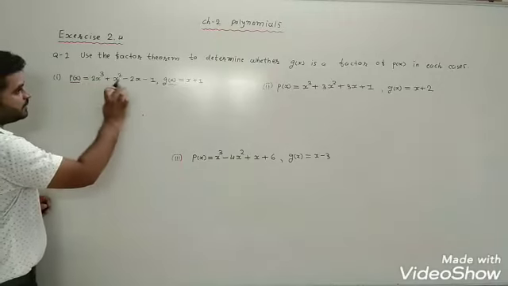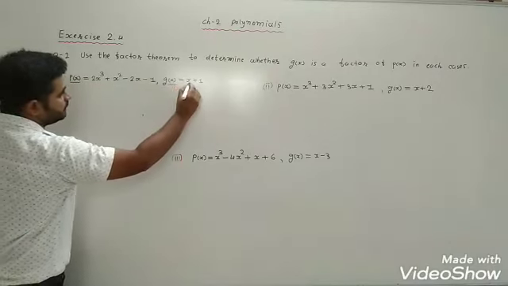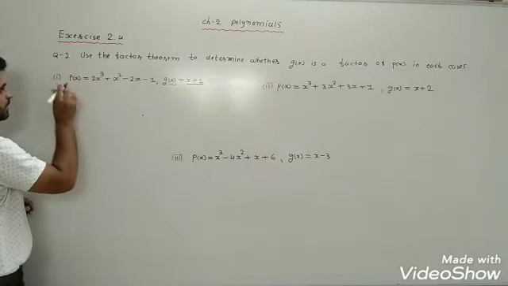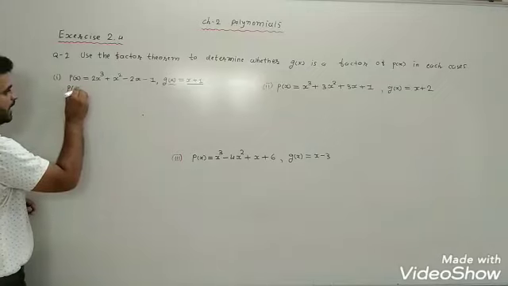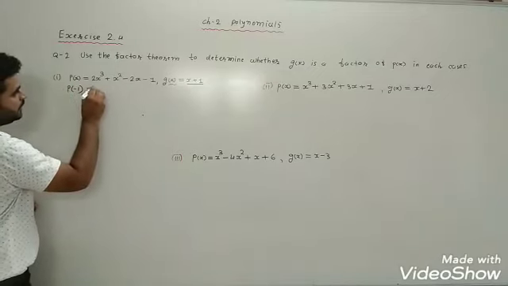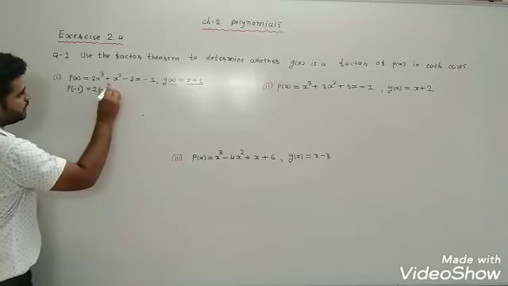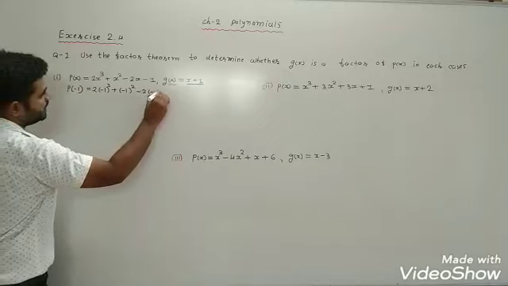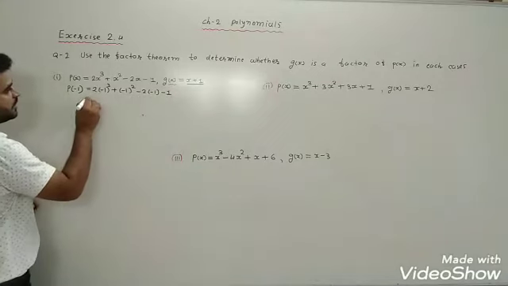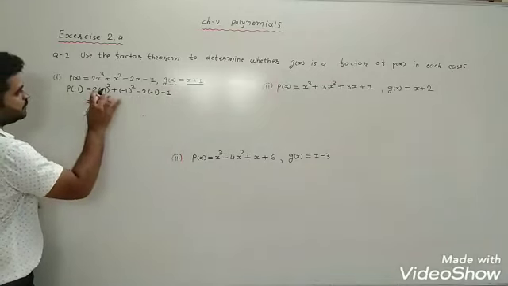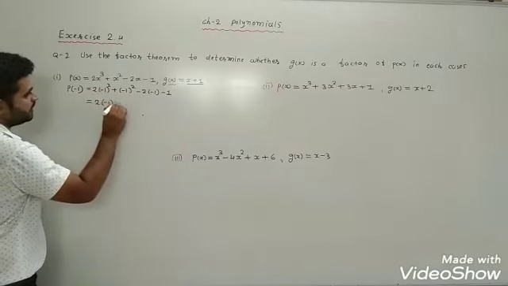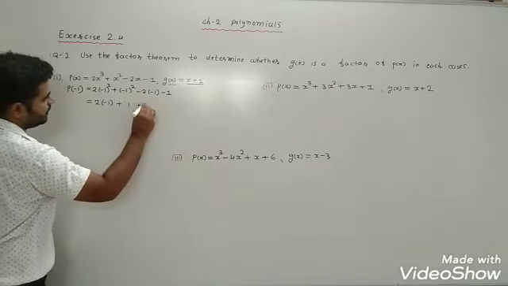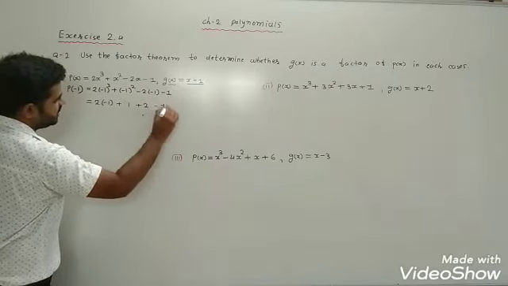Here p of x is equal to this. Now g of x is equal to x plus 1. Here it is plus 1, so I have to check by p of minus 1. So we have 2 into minus 1 cube plus minus 1 square minus 2 into minus 1 and minus 1. So 2 into minus 1 cube means minus 2, plus minus 1 square is only 1, minus minus becomes plus 2, and here is minus 1.